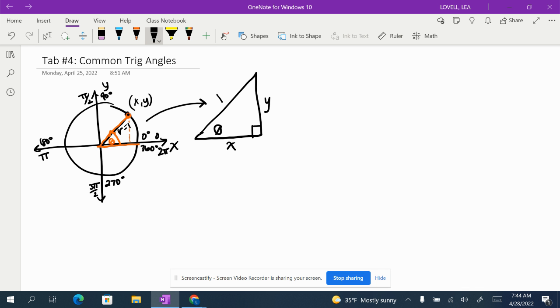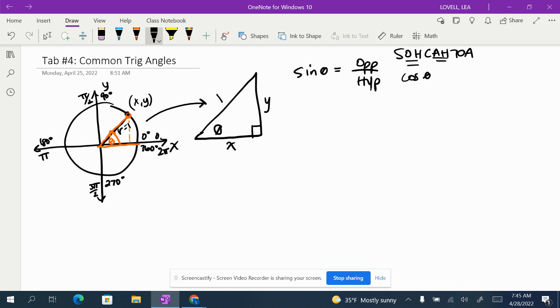We have our triangle, and we can remember our trig ratios from geometry. Sine of theta is equal to opposite over hypotenuse. You can remember these with SOHCAHTOA.